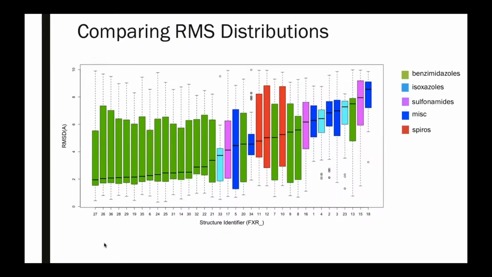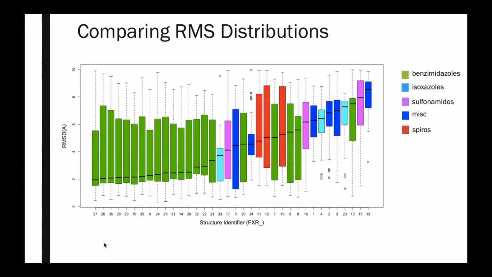I want to start out by talking about the results of the pose prediction challenge and how things went there. What we're looking at here is, along the x-axis in this box plot, the structure identifier, and I've ordered these from the structure that was most consistently predicted correctly to the structure that was least consistently predicted.